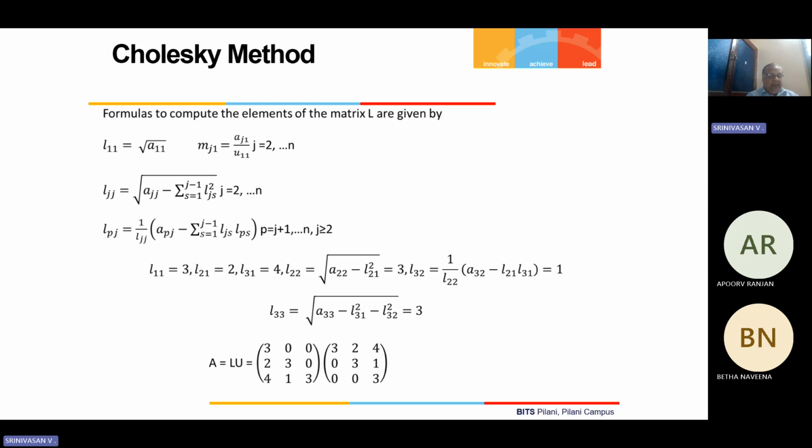L21 is A21 by A11. Here is a change actually. It is not U11, it is L11. It's not U11 because U11 is root of A11 and L11 is root of A11. Sorry.